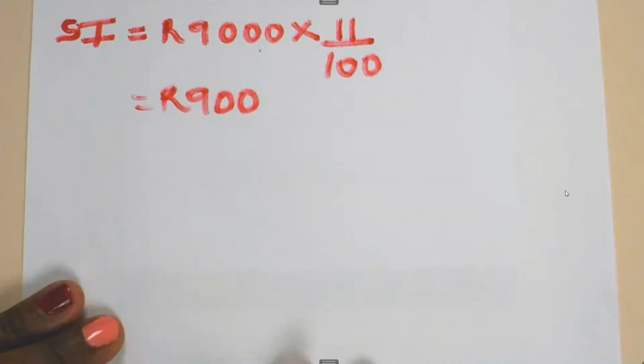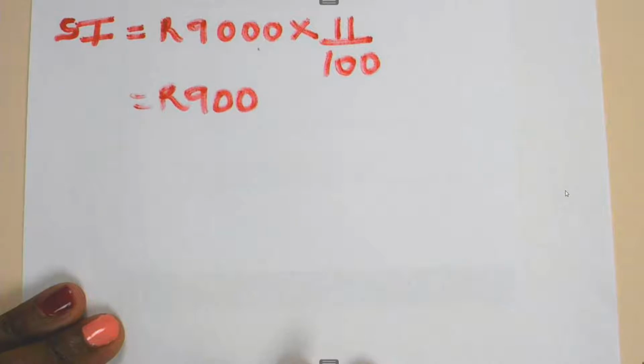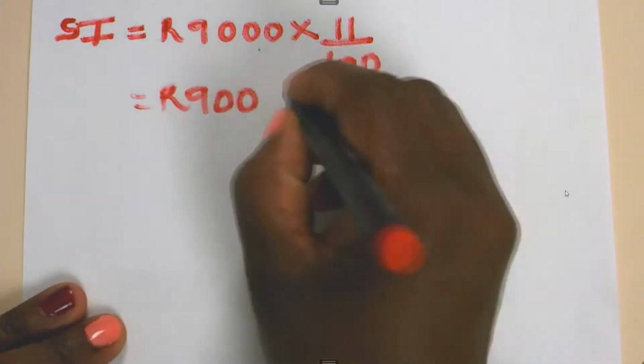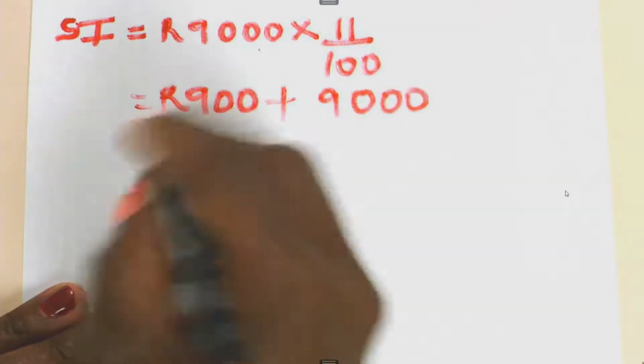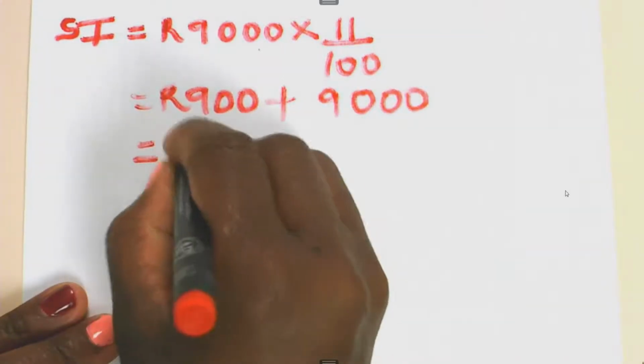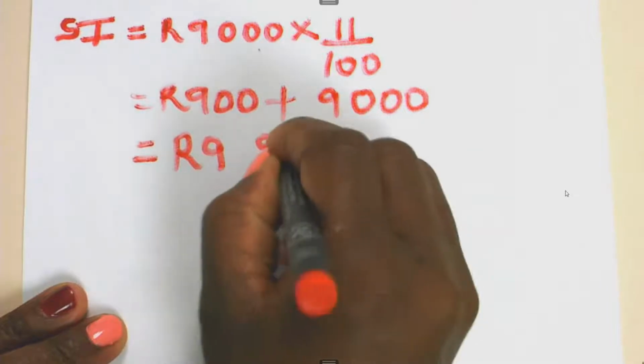As I have explained to you, with simple interest, the rate of interest remains the same. So during year number 1, we generated 900 rand that Fikile has to pay on top of 9,000. So Fikile now in year 1 has to pay 9,000 plus 900. So 9,000 plus 900 will give us 9,900.